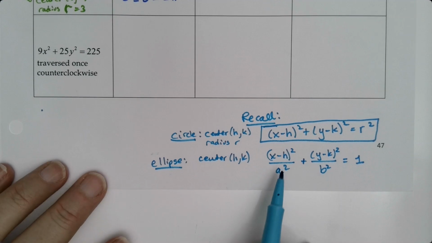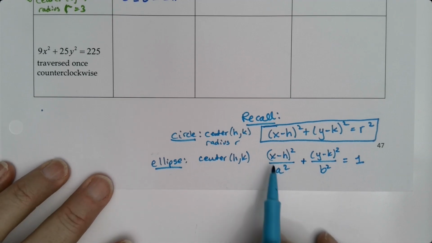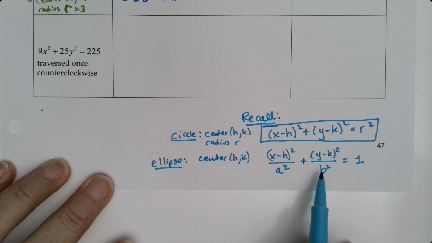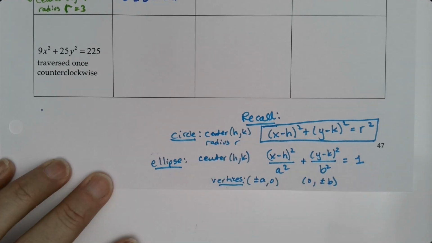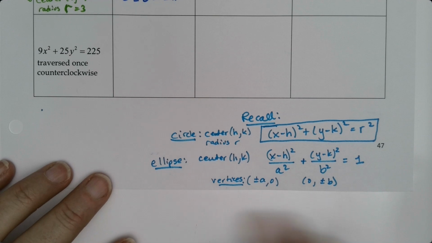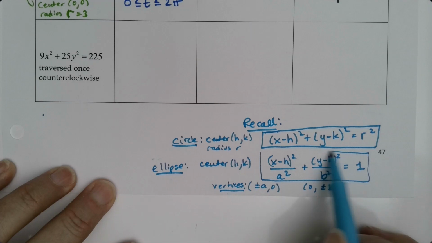Where a and negative a would be the vertices in the x direction, and b and negative b would be the vertices in the y direction. It can get a little more complicated than that, actually significantly more, but we're just going to leave it at that, right? So that is the standard form for the ellipse.